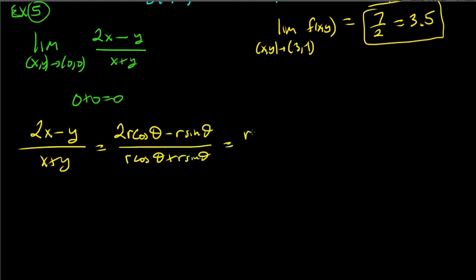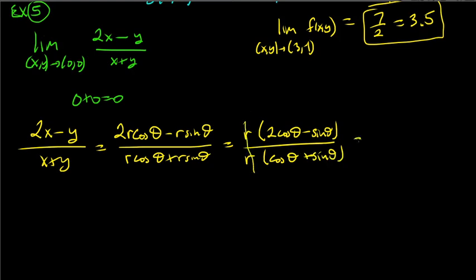And when you factor out the r's, you get this, right? So as long as r is not 0, you can cancel them. And so you get this, again, rather complicated expression for theta.